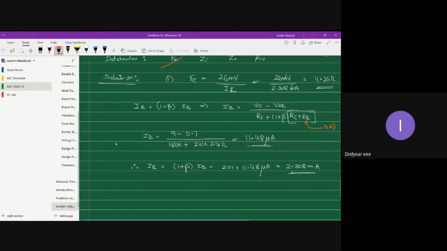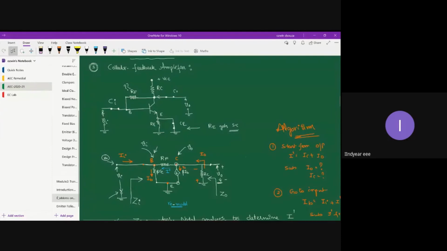Next, let us take up ZI for the collector to base amplifier. If you want, let me just show you.